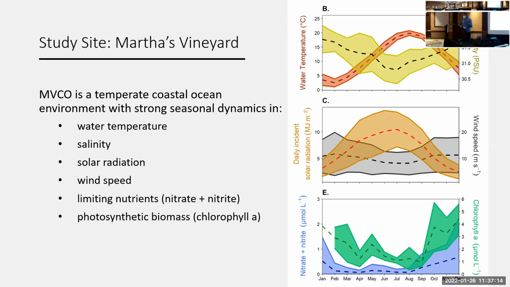On the bottom plot, I show seawater sample data of chlorophyll A and nitrate concentrations. This is just bottle sample data, but with increased nutrient concentrations, we see a general shift in the amount of biomass in the area as recorded by chlorophyll A.